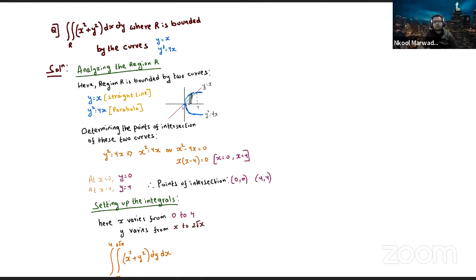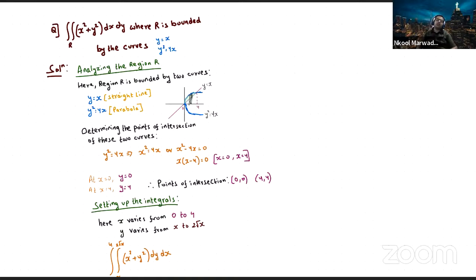Got it. We can take it like this, but the vertical strip is giving us an easy, straightforward way.